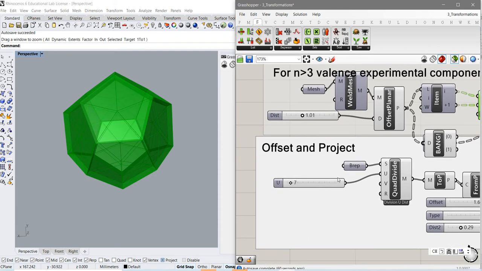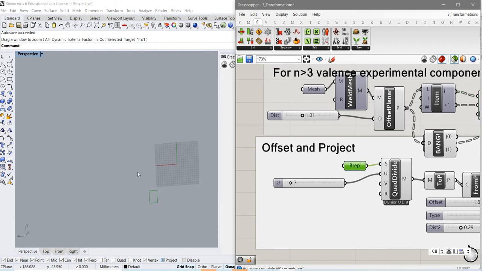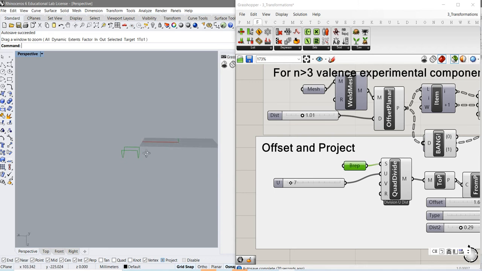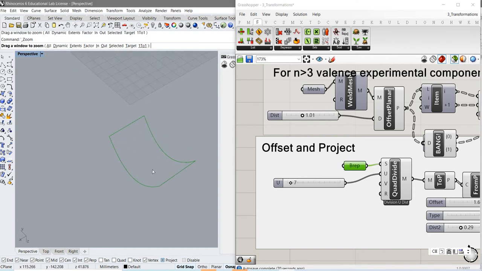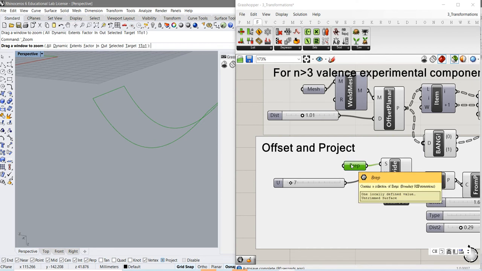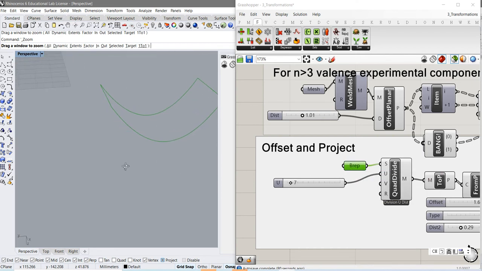Okay, let's check another one. Break. Here, this is a break. Untrimmed surfaces. Somehow why is it not filled?